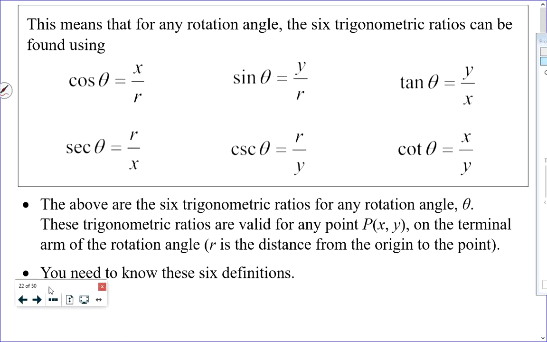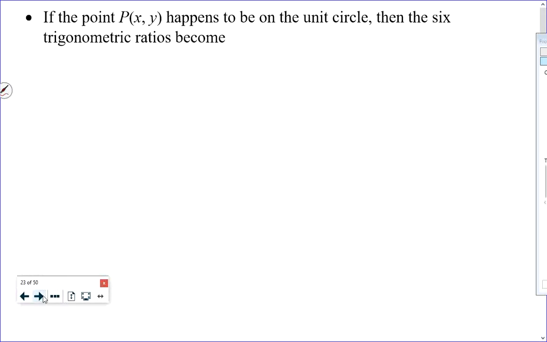Now, I make a point in your notes, if you turn to the next page, that if the point happens to be on the unit circle, then we don't need r. Because on the unit circle, I'll remind you, r is equal to 1.